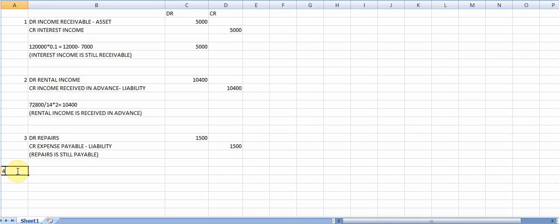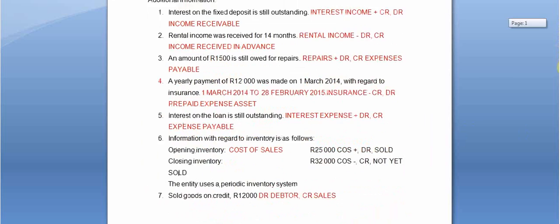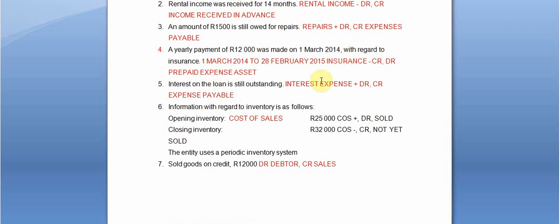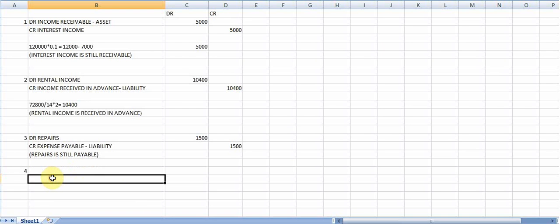In number 4, they say an annual or yearly payment of 12,000 Rand was made for insurance on 1 March. So what do I know? Insurance, again, as I've indicated, the insurance amount for January and February should not fall within our financial year. So it's too much. So I'm going to credit the insurance expense, and I'm going to debit my prepaid expenses because I've paid the insurance for January and February.